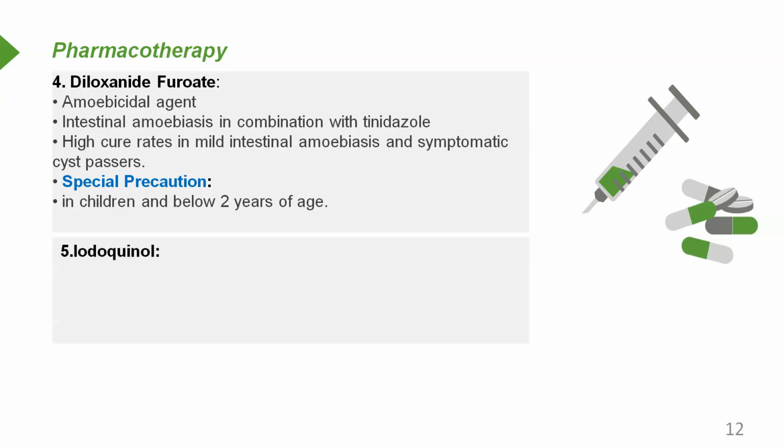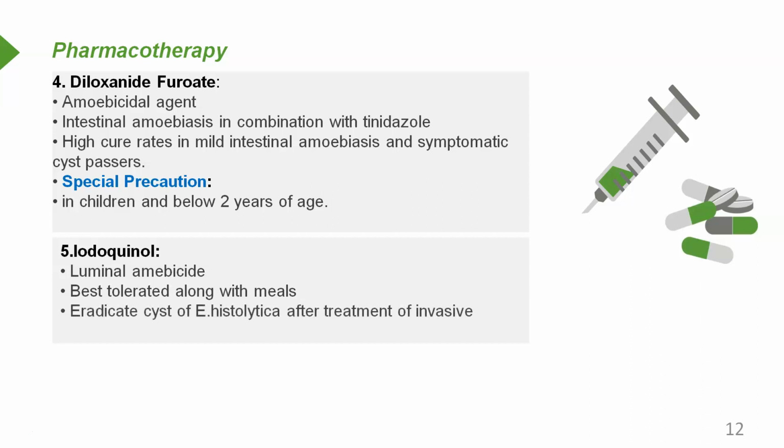Next drug is iodoquinol. It is a luminal amoebicide. It acts primarily in the bowel lumen because it is poorly absorbed. It is best tolerated along with meals, so you have to take it along with meals. It eradicates cysts of Entamoeba histolytica after the treatment of the invasive form of amoebiasis.